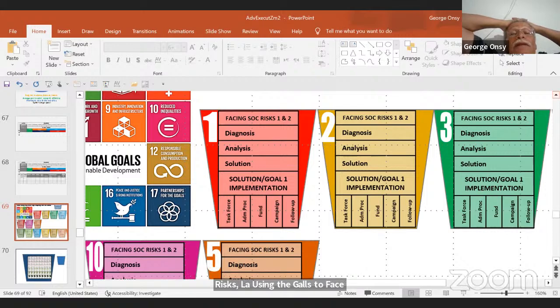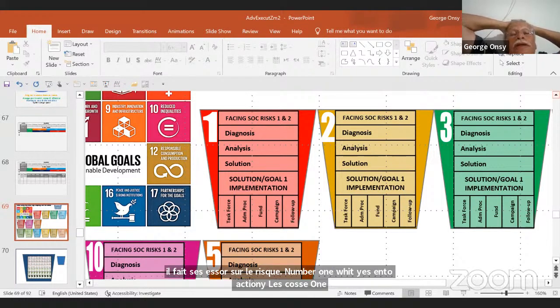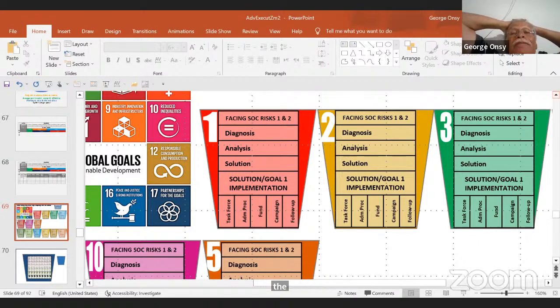For example, goal number one, which is dealing with poverty, faces social risk number one, and two actually, indicated by the red ones on the reality map that we presented.